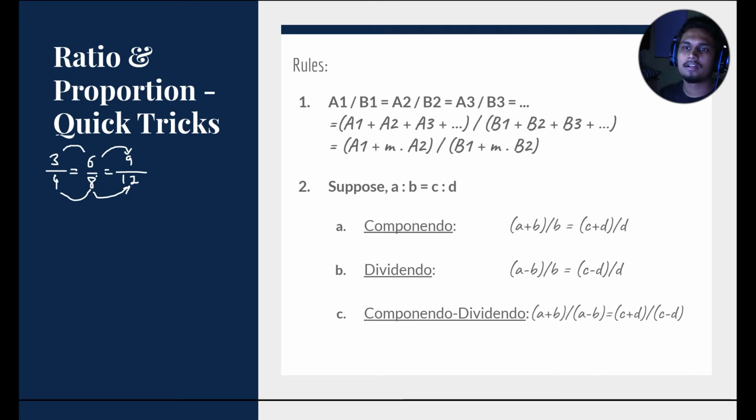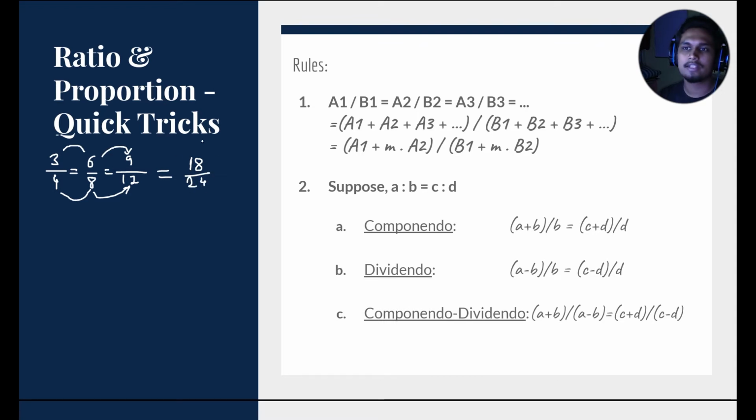Again, you add them up and you get a new ratio that is also equal to both of the ratios. So this is a fundamental rule. You can check further that if you add all three, 3, 6 and 9, and 4, 8 and 12, you will get 18 by 24.